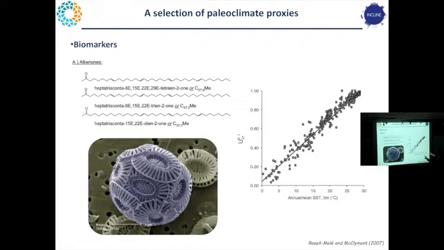I showed you that this index called UK37, an index of different organic molecules produced mainly by this coccolithophorid here, is linearly related to sea surface temperature.